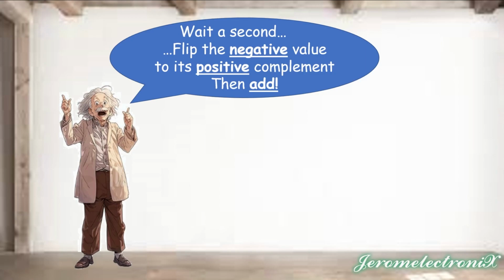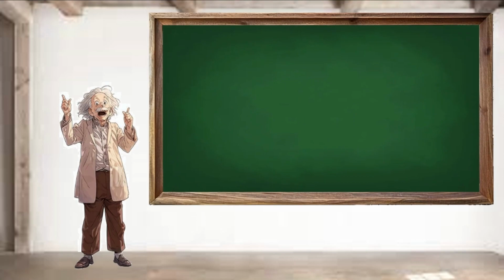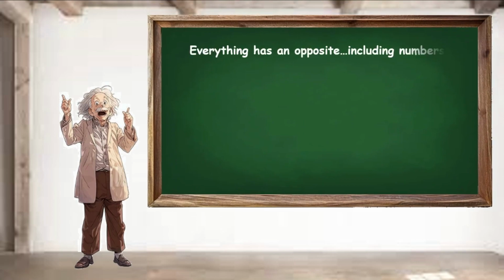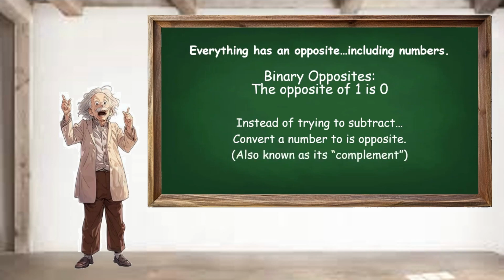All you have to do is flip the negative value to its positive complement and then add. What does that mean? Well, here's some ideas. Everything has an opposite, including numbers. Binary numbers have opposites. Of course, there's only 2 numbers, so the opposite of 1 has to be 0, and vice versa. And instead of trying to subtract, convert the number to its opposite, also known as its complement, and then add the numbers together.